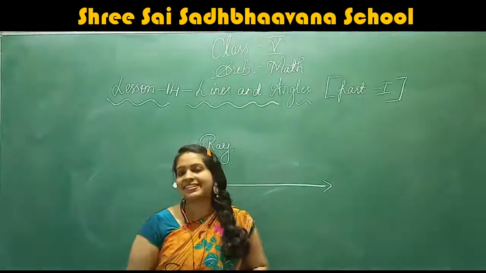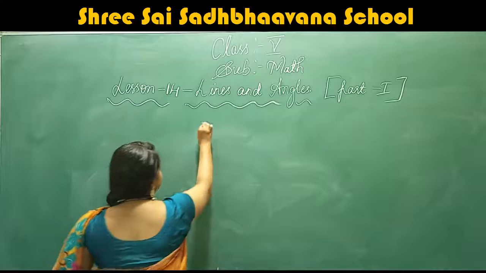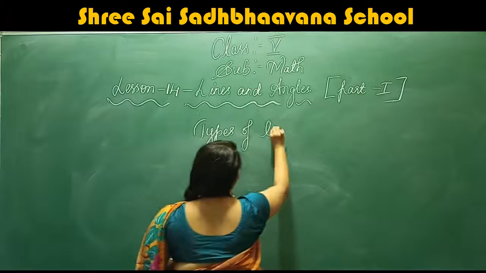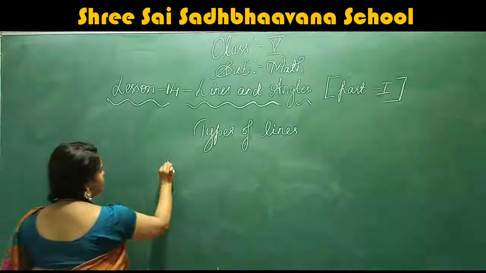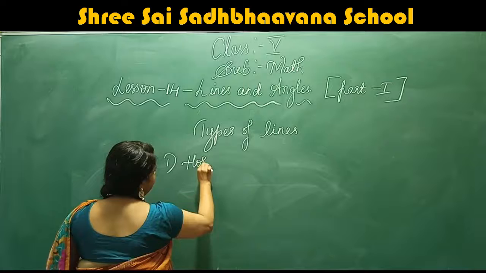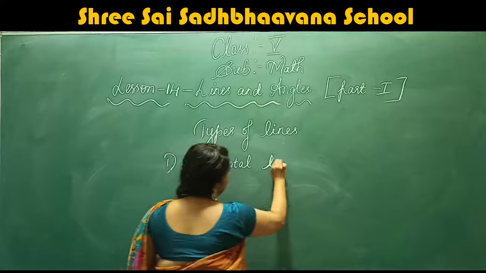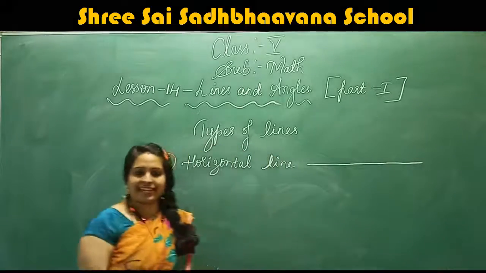Understood? Now let us discuss the types of lines. Children, here you see the first one is the horizontal line.